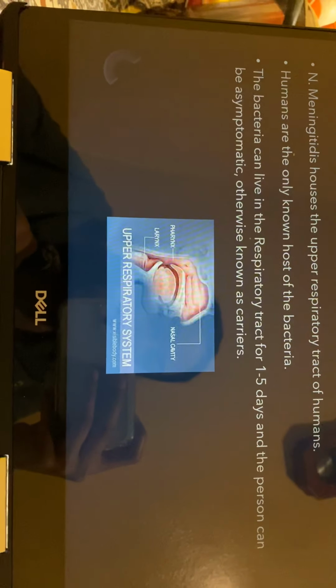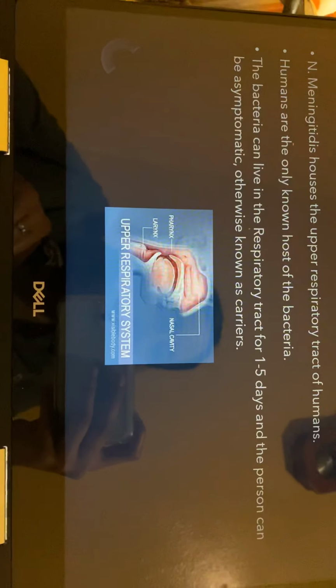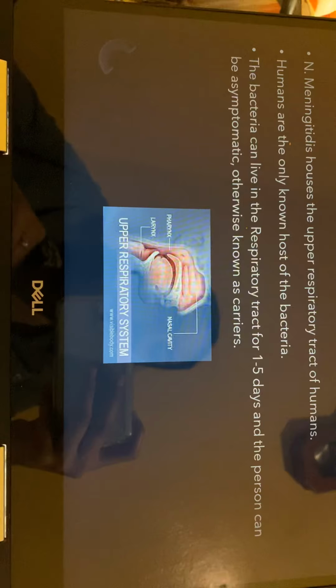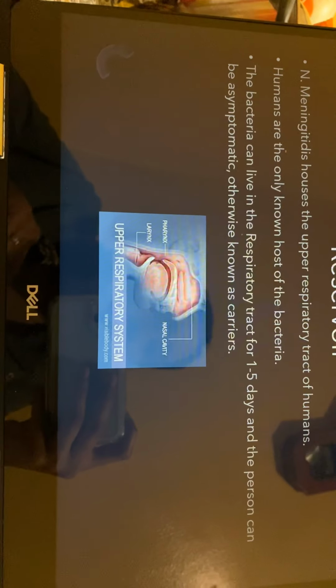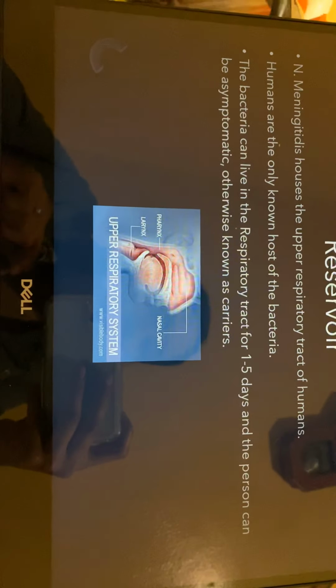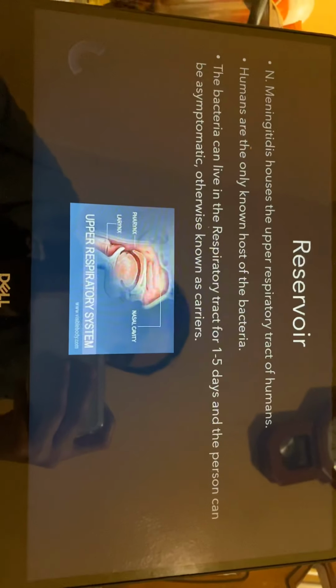So the antigen can be present in the respiratory system of the patient, and they can have symptoms or not. If they don't have any symptoms, they're known as carriers because they carry the antigen with no symptoms.